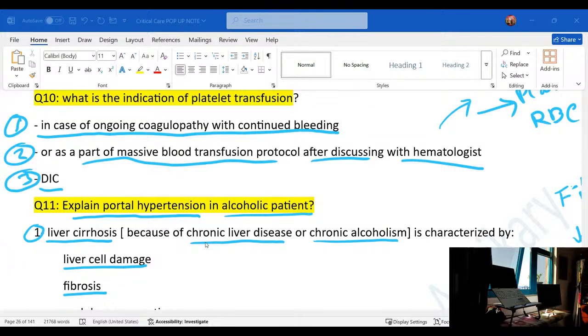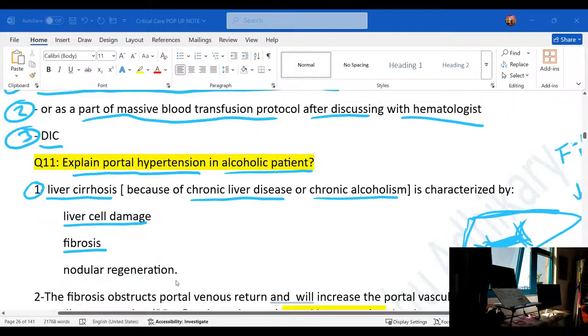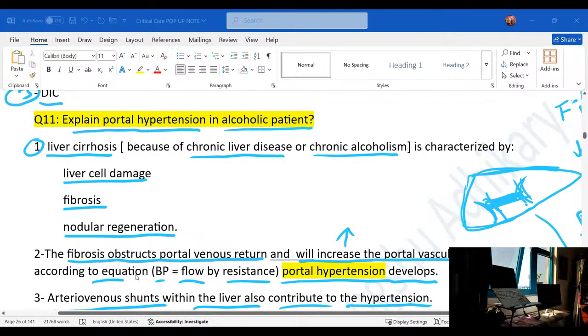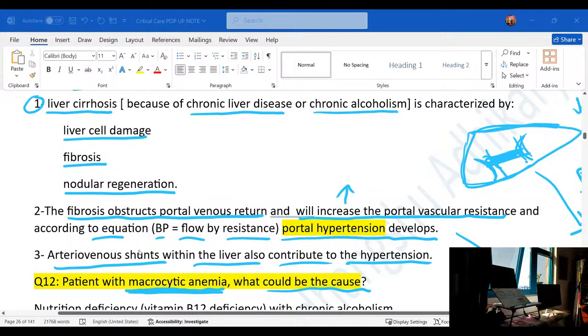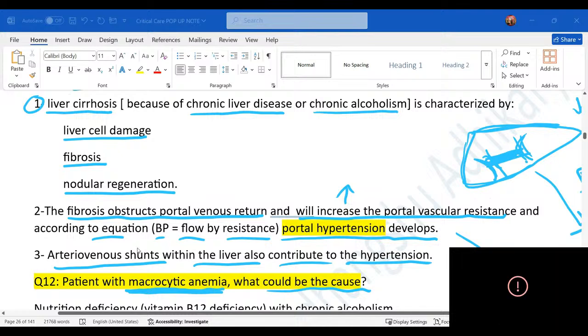This patient is alcoholic, so there will be liver cirrhosis, which is liver cell damage, damage of the hepatocytes, and there will be fibrosis and nodular degeneration. The fibrosis obstructs portal venous return and will increase the portal venous resistance.